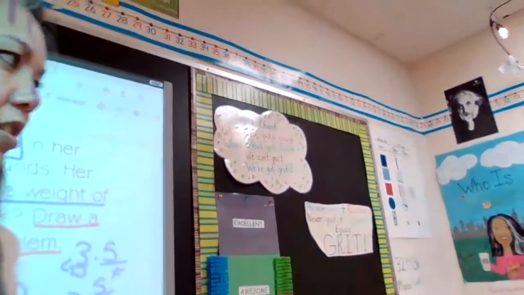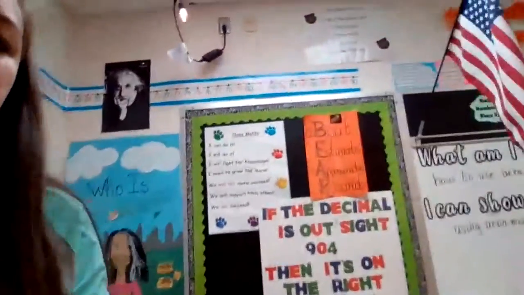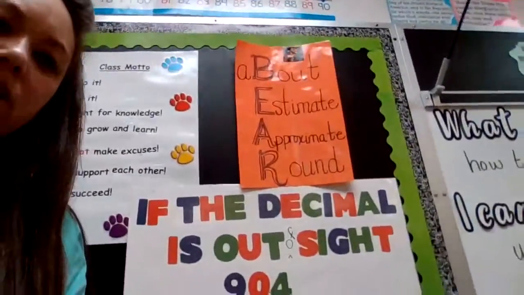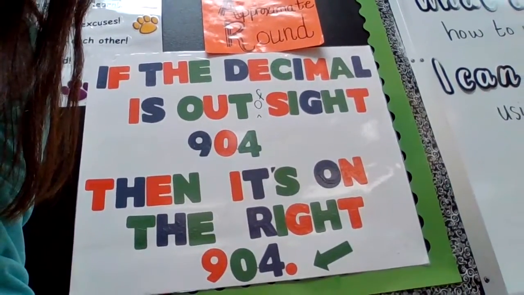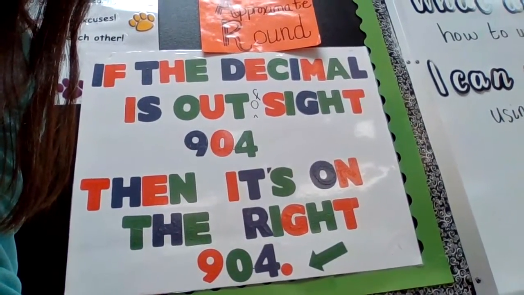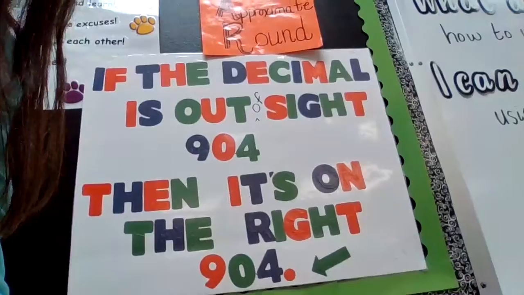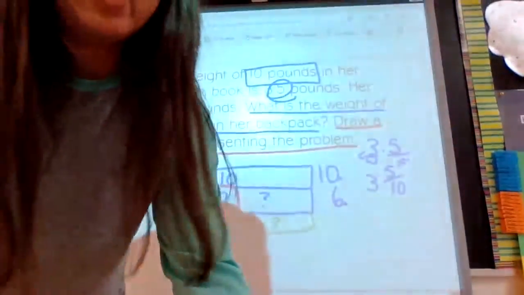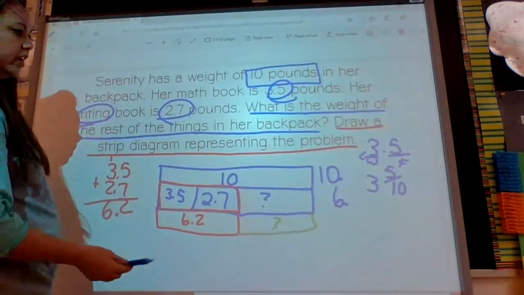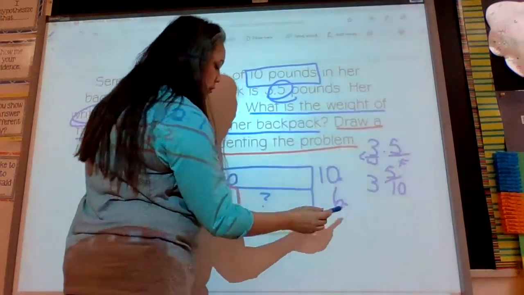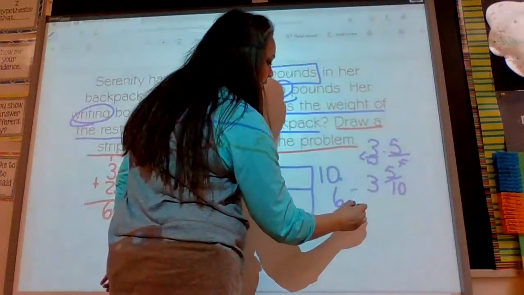I'm just going to aim this over at my wall just for a second so you can see our poster. If the decimal is out of sight, it's on the right. Okay, so we say that a lot. We come back over here, and since we couldn't see it, that's 6 2/10.